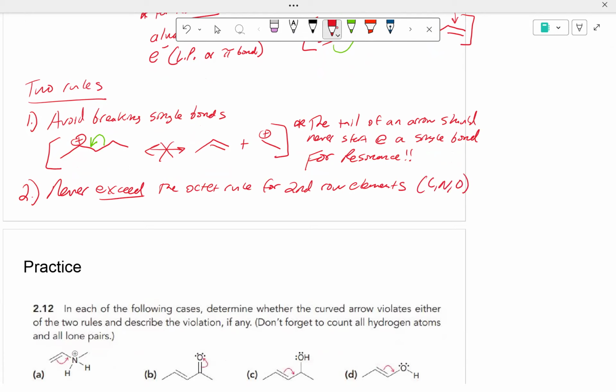Okay, we're going to use those atoms almost exclusively when it comes to resonance. Not that you won't ever see sulfur or phosphorus, but for those second row elements, carbon, nitrogen, and oxygen, never have more than 8 electrons around them.